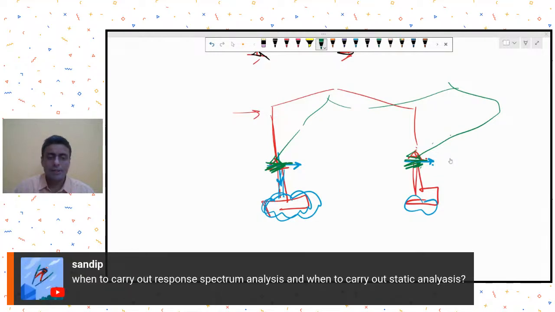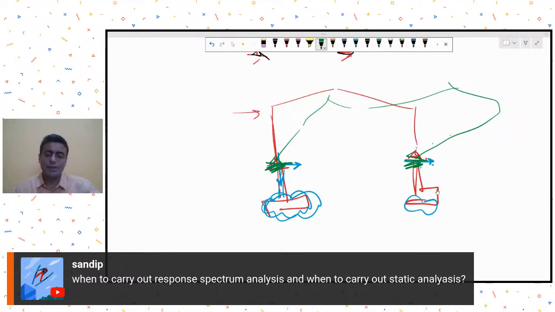Okay, next he was asking when to carry out response spectrum analysis. You go to IS 1893 Part 1, 2016, and I think clause 7.5 point something gives you the criteria for when you need to go for response spectrum analysis.